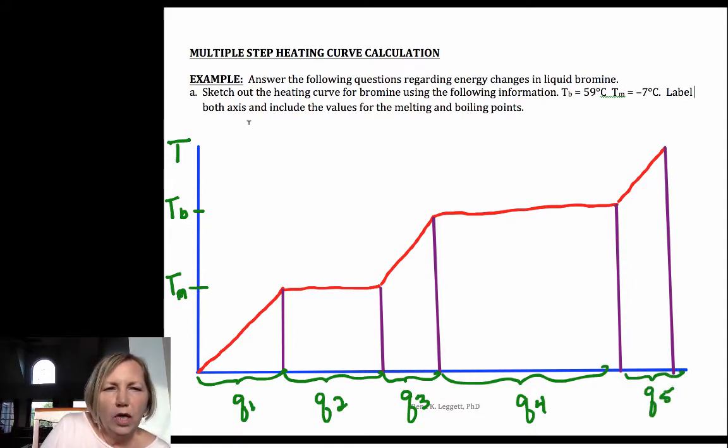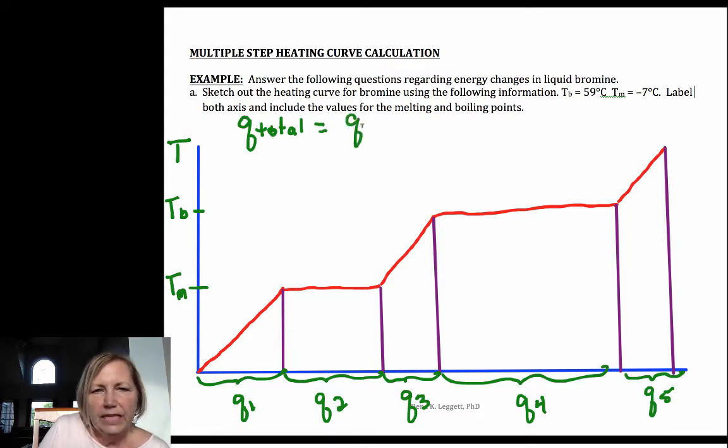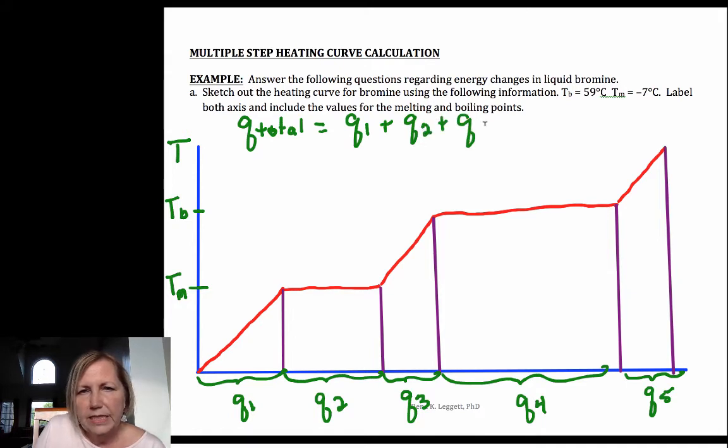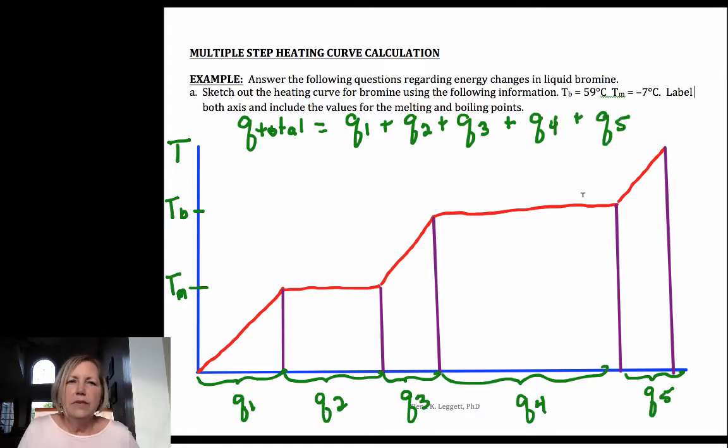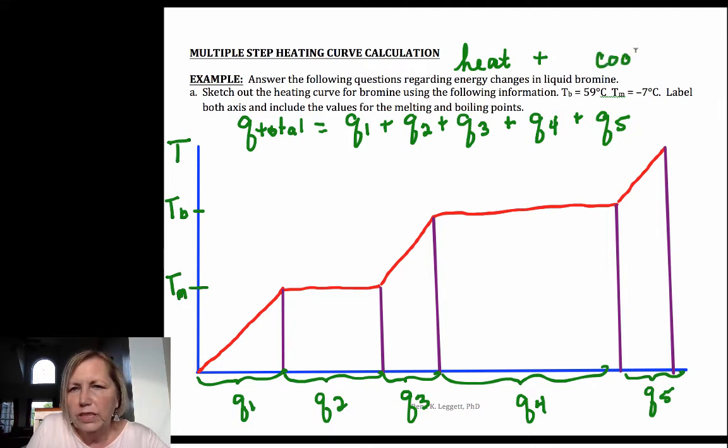If I had a full 5 segment calculation, my total would be the heat from step 1 plus the heat from step 2 plus the heat from step 3 plus the heat from step 4, and I think you've got it. Now, the main difference is if we're heating the substance, all of our Q's are positive. If we're cooling it, all of our Q's are negative.